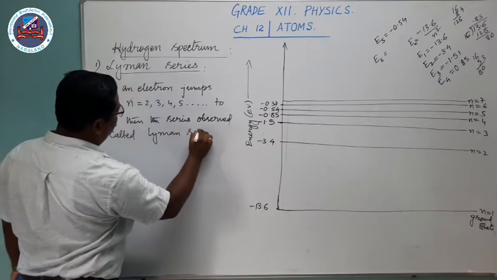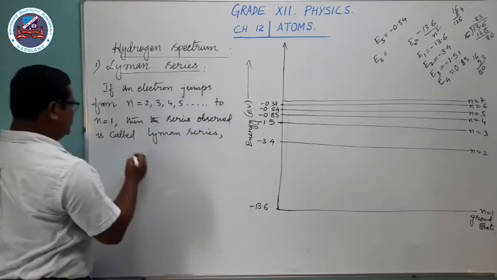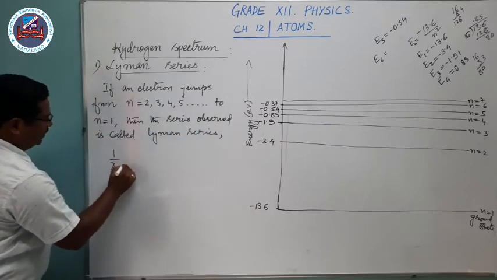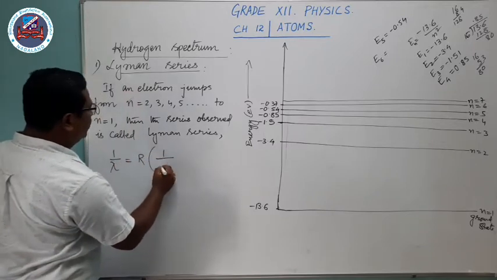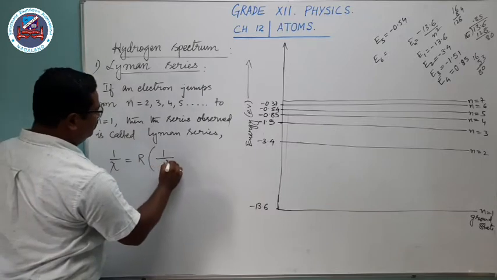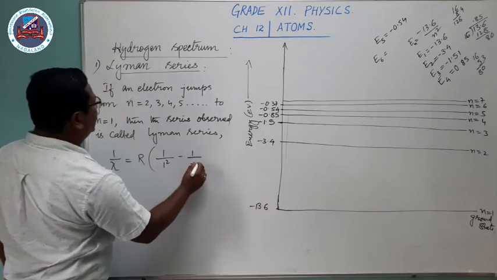In such a series the wave number 1 by lambda will be Rydberg's constant R times 1 by n1 square minus 1 by n2 square.